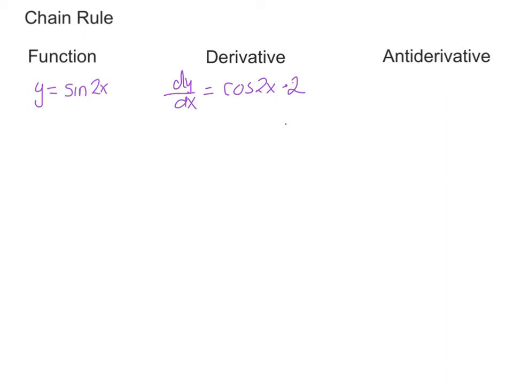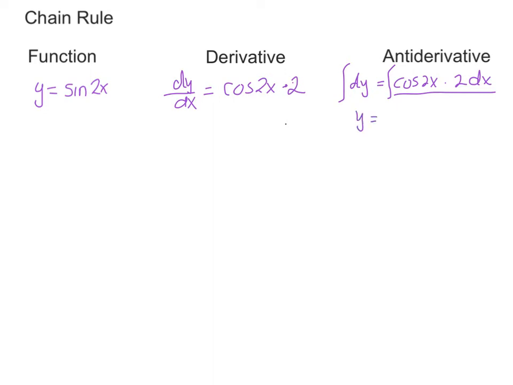Now, to take the antiderivative of dy dx, I'm going to write it this way: dy equals, leaving it separate, cosine 2x times 2, and then I multiply the dx to the other side, so that everything with x is on the right and everything with y is on the other. When I integrate this, the integral of dy is just y.